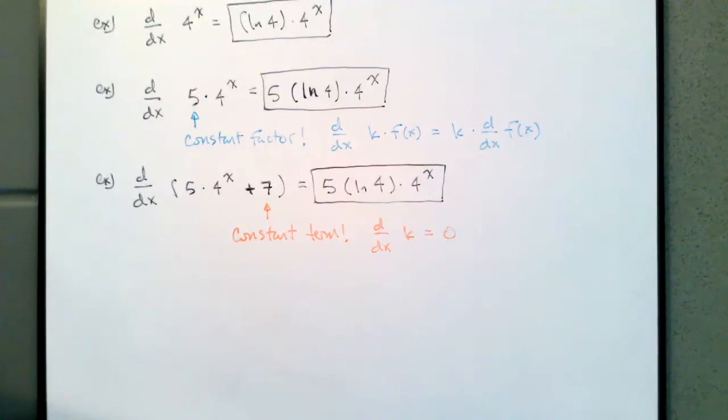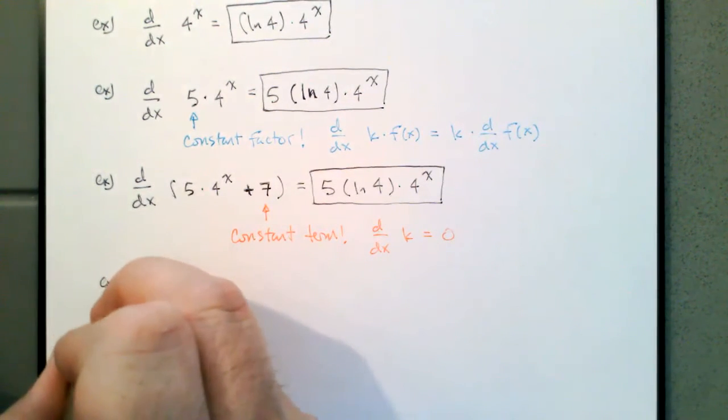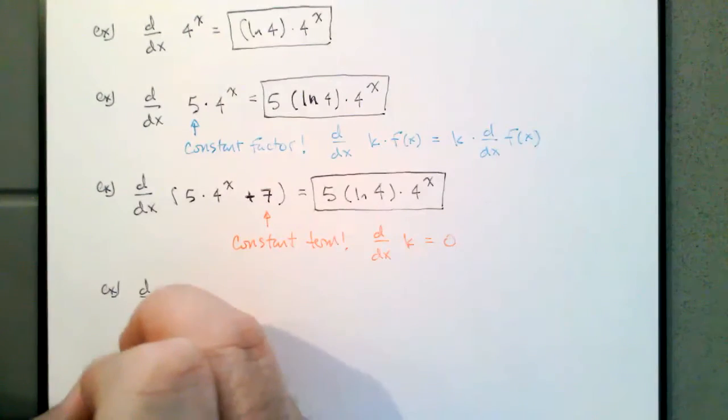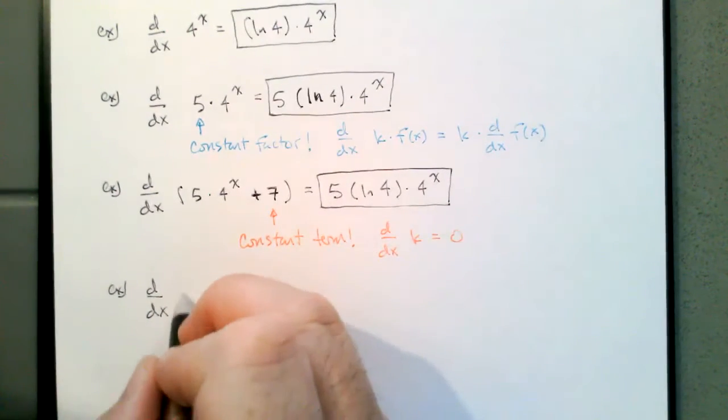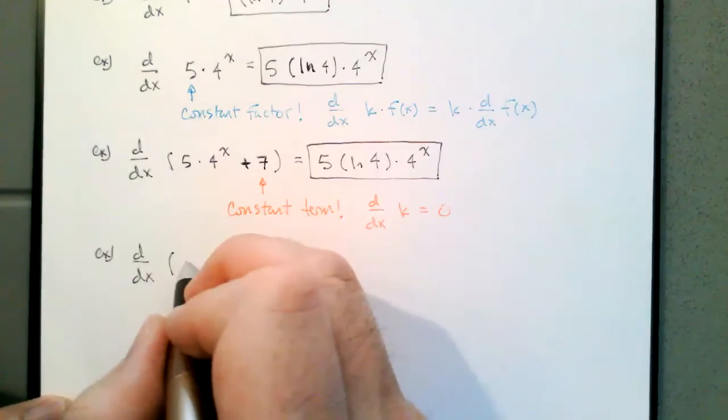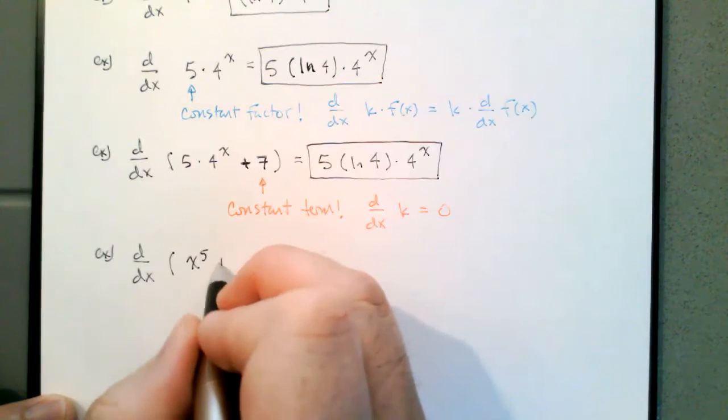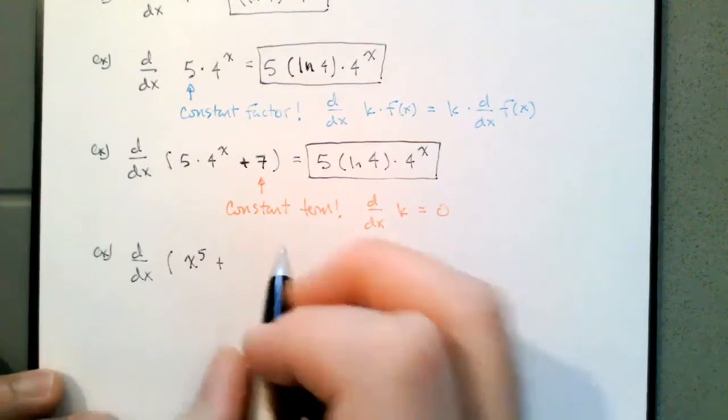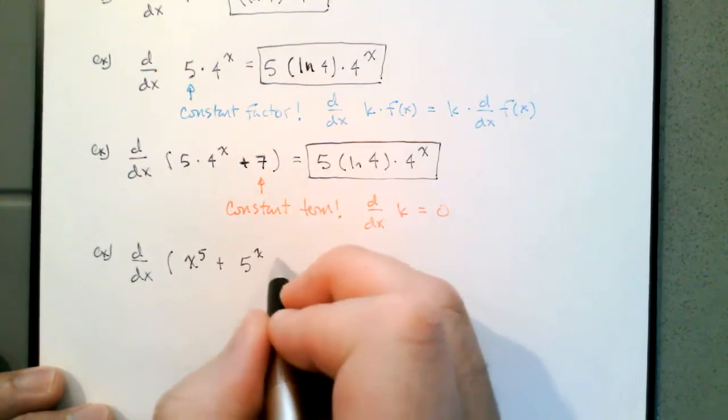The key thing that we want to notice is that this is a rule for when the base is constant and the exponent is variable. And we have a different rule for when the base is variable and the exponent is constant. So part of our job is knowing the difference between the two. So for example, if I want the derivative of, let's say, some mixed function, say x to the 5th plus 5 to the x.